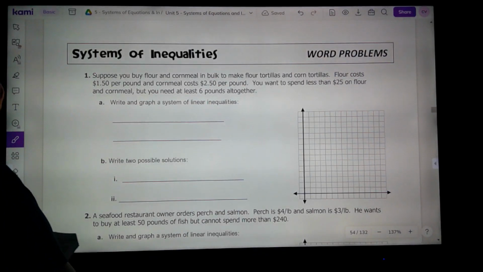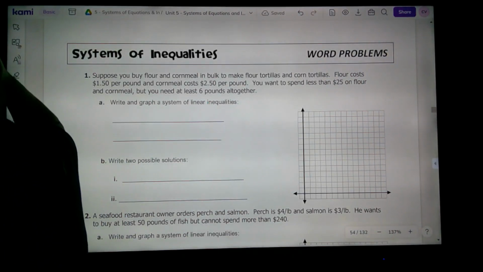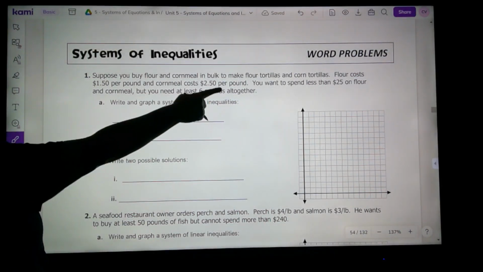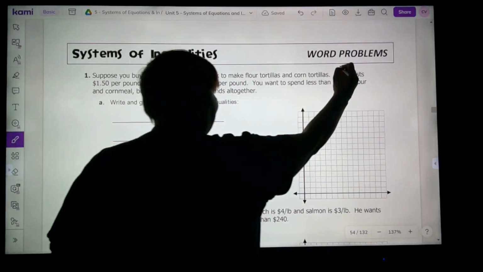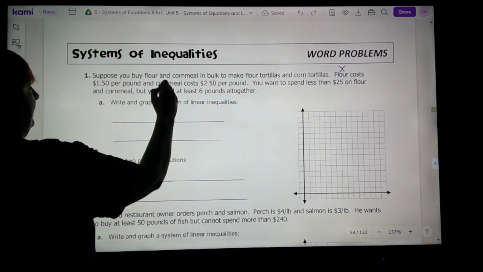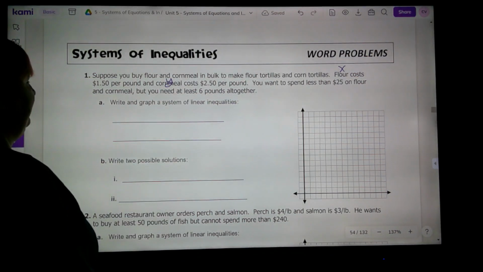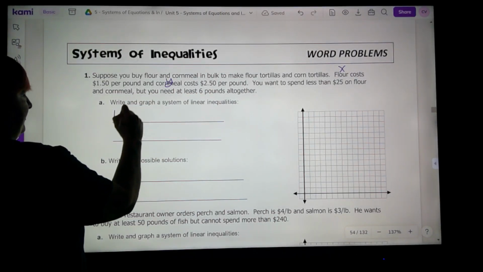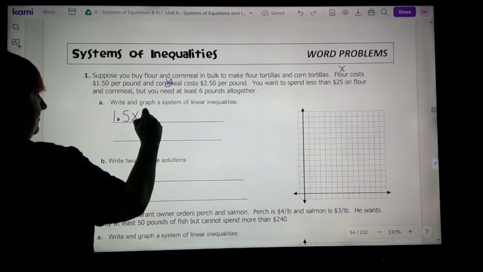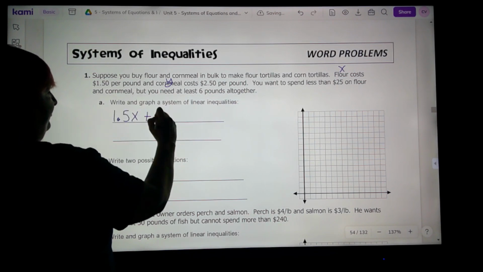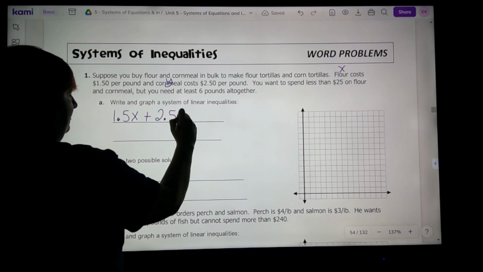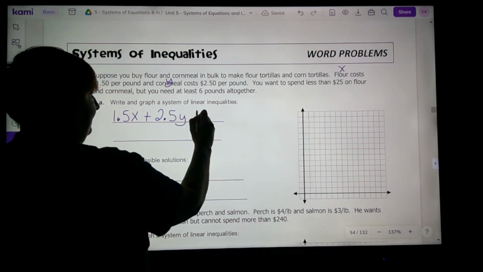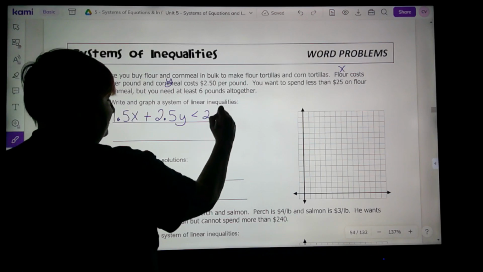So we have to figure out how to write this. Let's give us our variables. Let's call flour our x and cornmeal our y. So flour costs $1.50, so $1.50x plus $2.50 for our cornmeal needs to be less than $25.